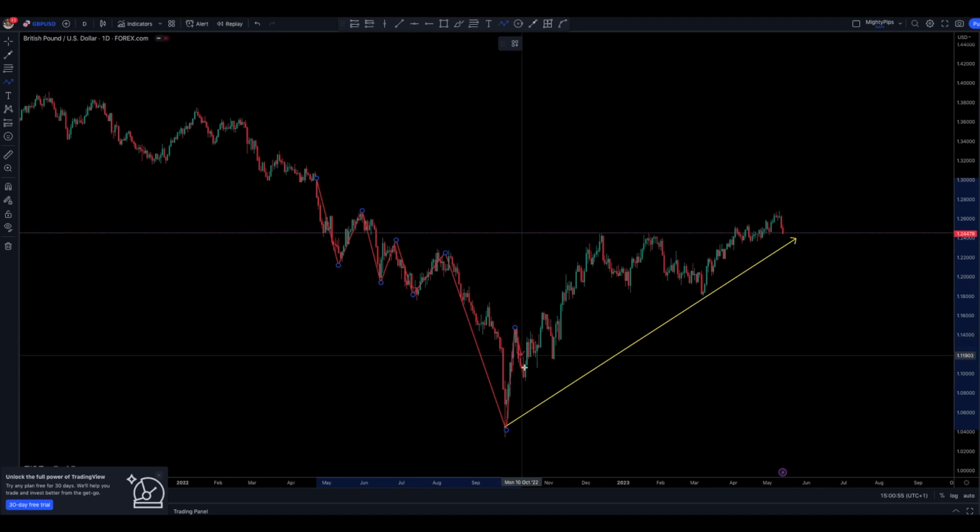Then a lower high, created this higher low, created that higher high, created this higher low, and then created that higher high.